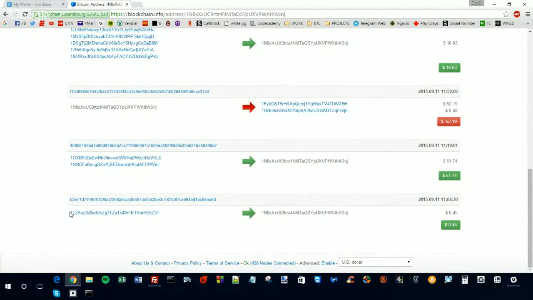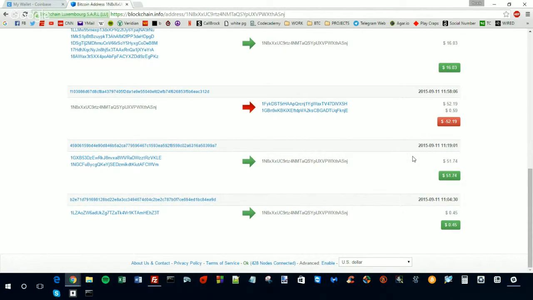So this over here is someone else's wallet ID, and they sent from that ID to her wallet 45 cents here, and someone sent her $51 from these two wallet addresses here.